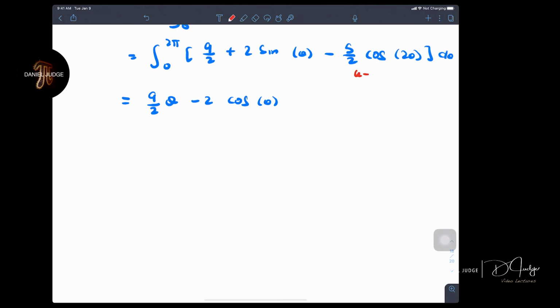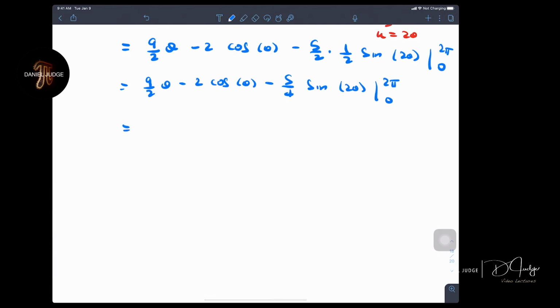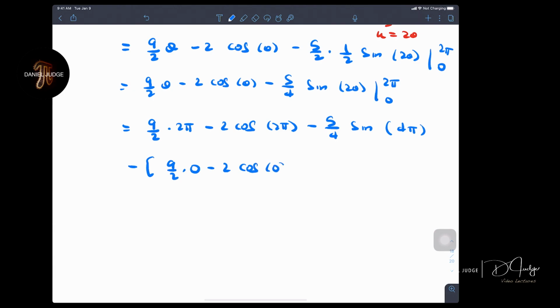Over here, you're going to use a u-substitution, where u is 2 theta: minus 5/2 times 1/2 sine 2 theta, from 0 to 2 pi. 9/2 theta minus 2 cosine theta minus 5/4 sine 2 theta, 0 to 2 pi. 9/2 times 2 pi minus 2 cosine 2 pi minus 5/4 sine 2 times 2 pi will give you 9 pi, minus 9/2 times 0 minus 2 times cosine of 0 minus 5/4 sine 2 times 0, which will be 0 here.